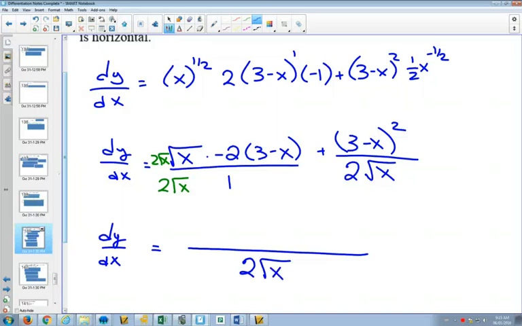So there's my 2 root x as my common denominator. What's going to happen when I get 2 root x times a root x? That's just going to be 2x. So I'm going to have 2x times a negative 2, which would be negative 4x, 3 minus x, plus 3 minus x squared.